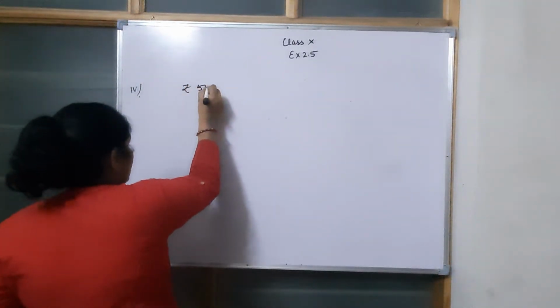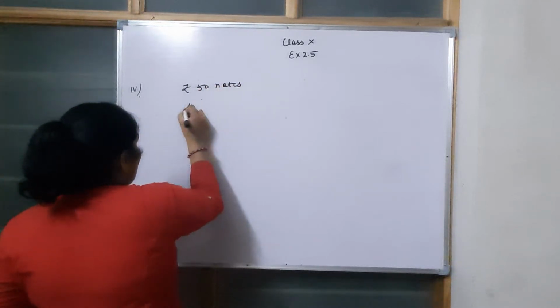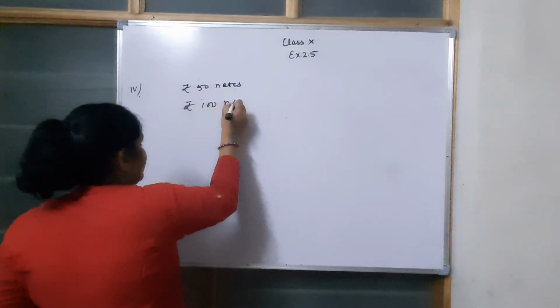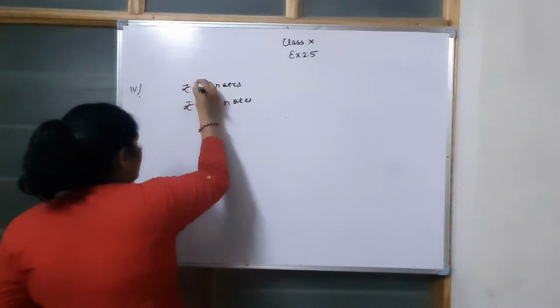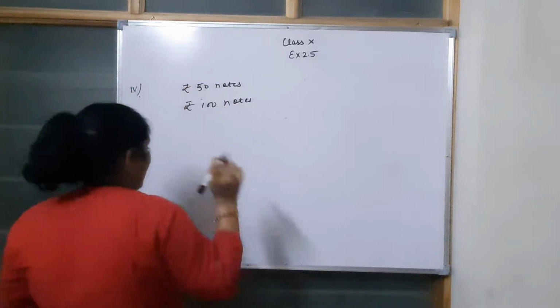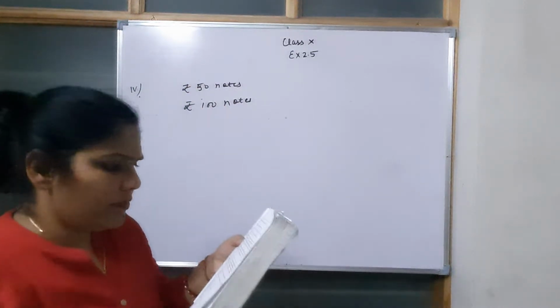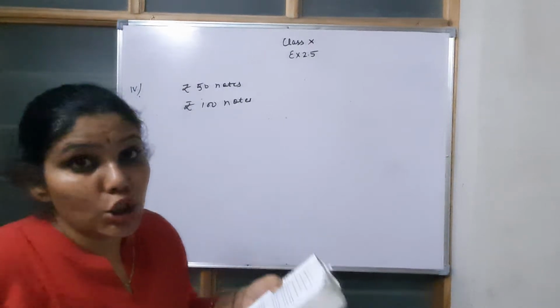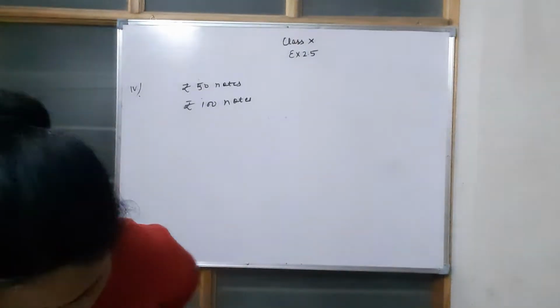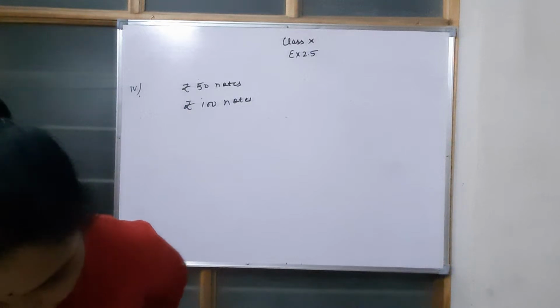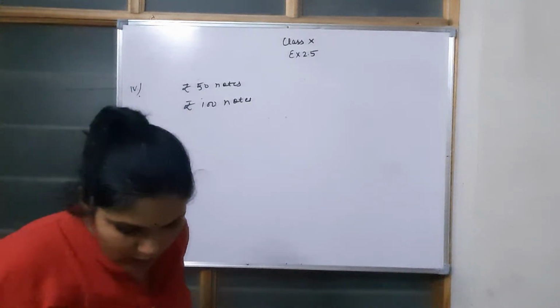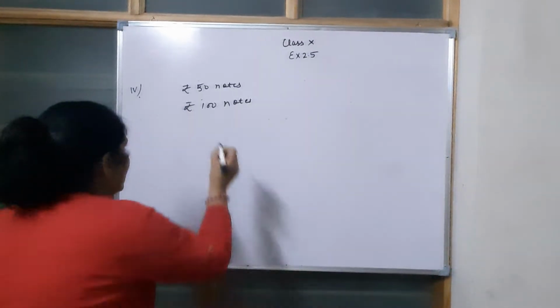Meena got 25 notes in all, and you need to find how many notes of rupees 50 and rupees 100 she received. Total notes are 25.